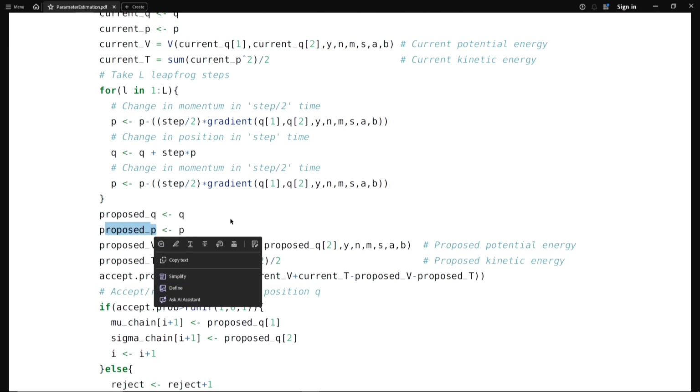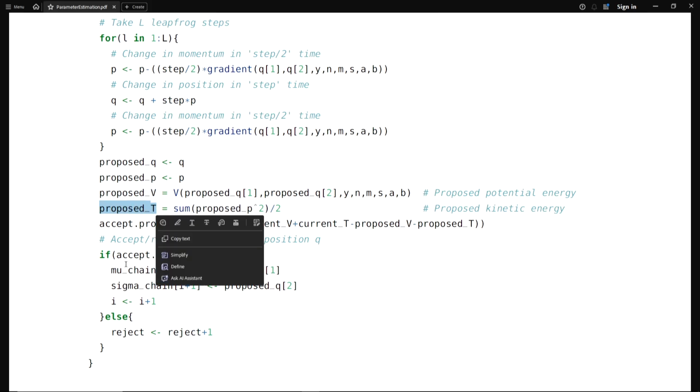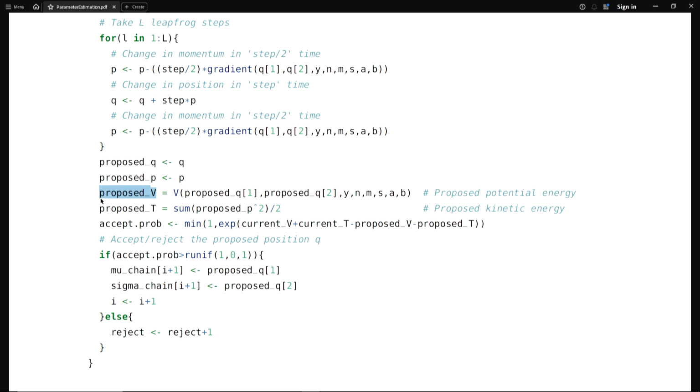Now I can calculate the potential energy and kinetic energy in this new position. This is the potential energy of the proposed state and this is the kinetic energy of the proposed state. Now I can calculate the acceptance probability.